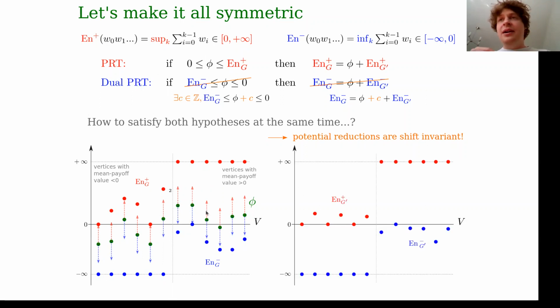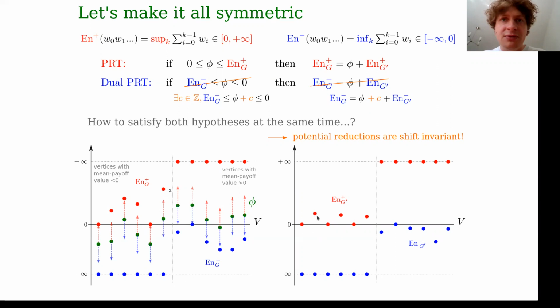So if I now apply the corresponding potential reduction, then I can apply both theorems, and I know that I will get closer to both positive and negative energies. So the positive energy values in G prime will actually be smaller.